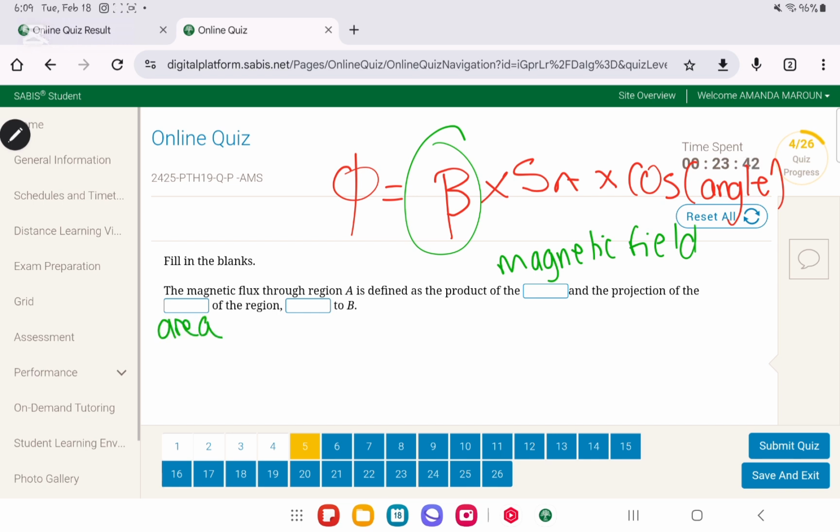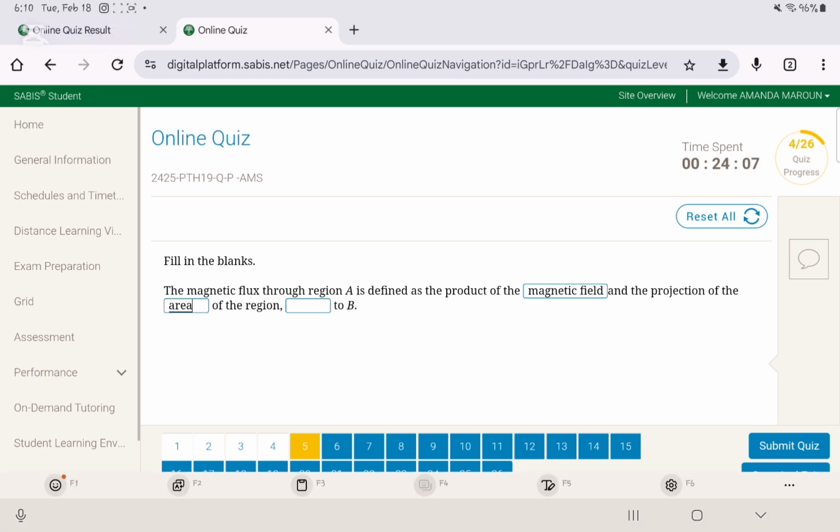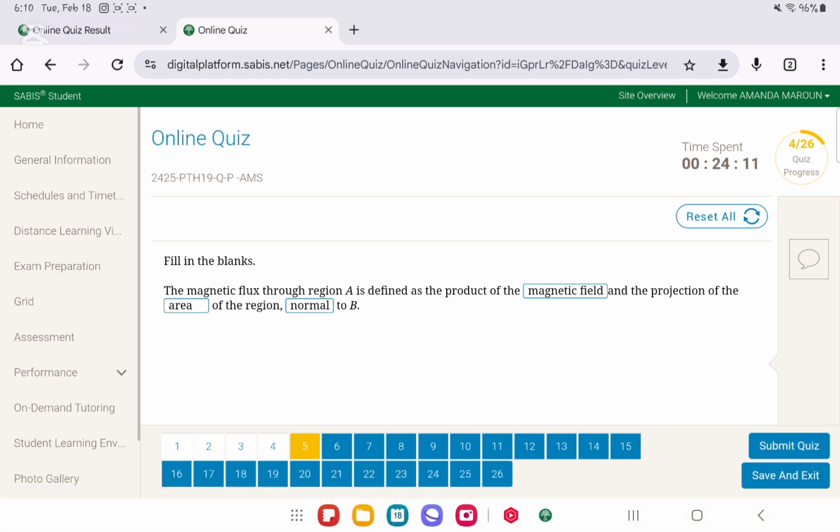So magnetic field times surface area times cosine the angle in between the two planes, or, okay, the region of the area which is perpendicular, or another term is normal to B. So for the first one, it is magnetic field, and for the second one, it is area, and for the third one, it is perpendicular or normal, whichever works.